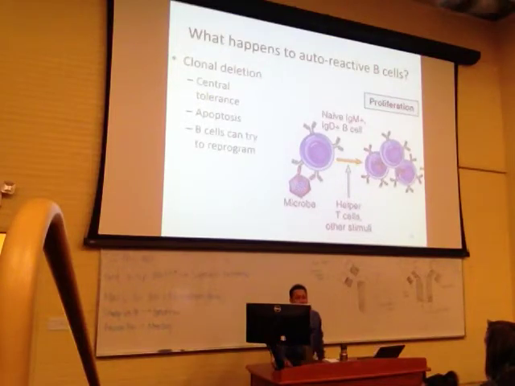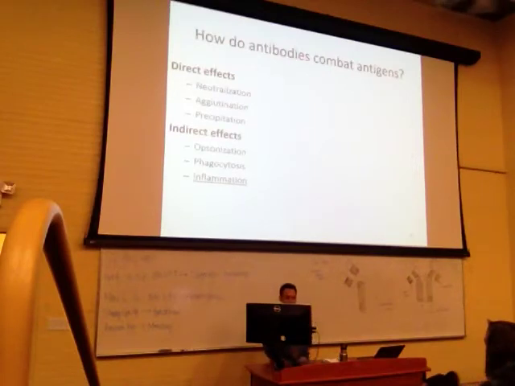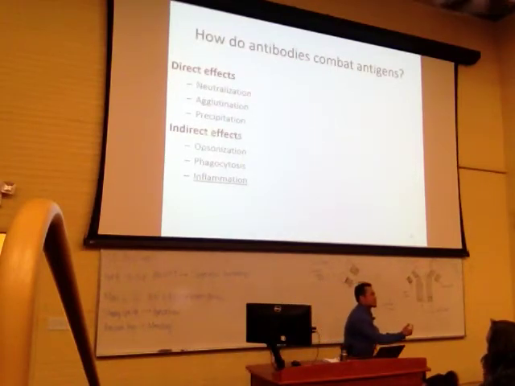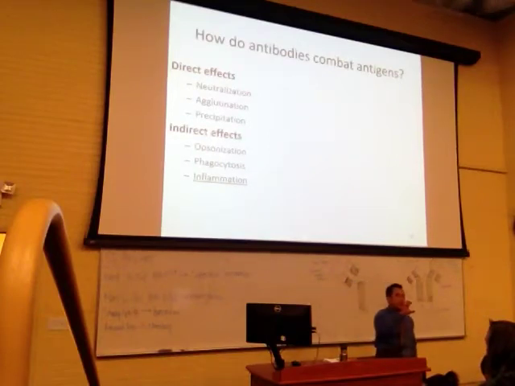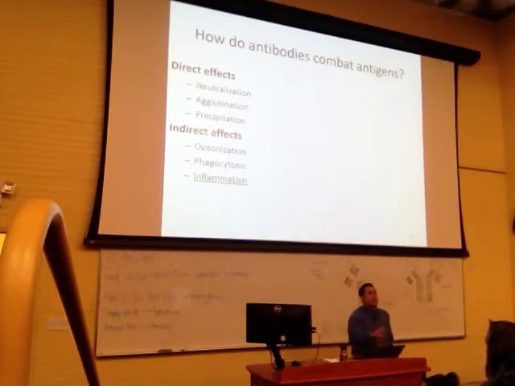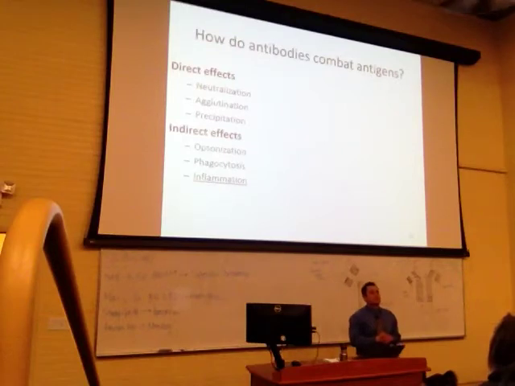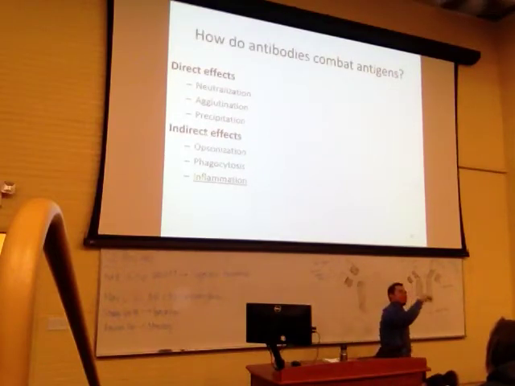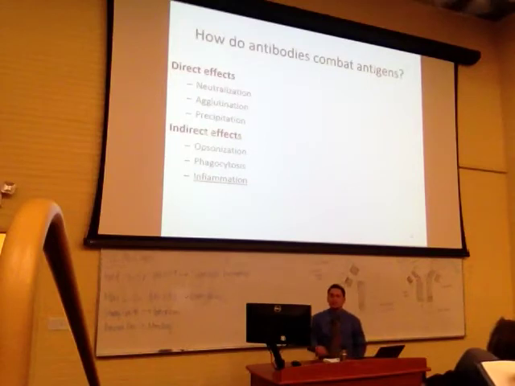Now, if the B cell actually becomes immunocompetent and comes across an antigen, it has activity in a couple of ways. This was the slide before the break that talked about the valence, it talked about memory B cells, and it had diagrams on the right side that showed opsonization, phagocytosis, and neutralization.